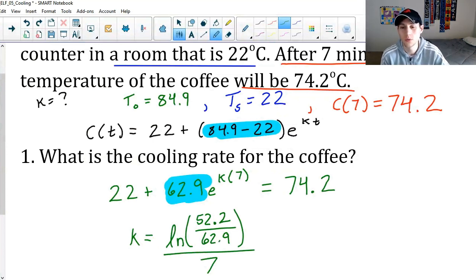So 52.2 divide 62.9, natural log of both sides, divide by 7. That good. Having a tough time today. I'm too focused on that straight line that I drew. Someone clip that.